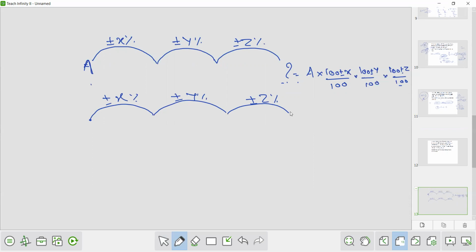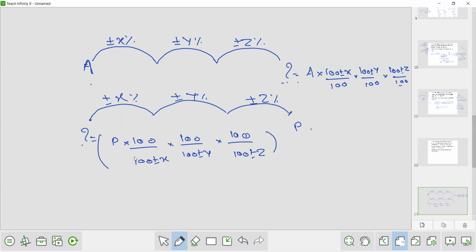Here the final value is given as P, and you have to find the initial value. So this initial value will be P into 100 upon (100 plus minus X) into 100 upon (100 plus minus Y) into 100 upon (100 plus minus Z). This is the formula which we apply to find such type of questions.